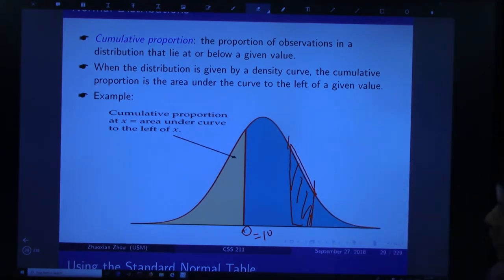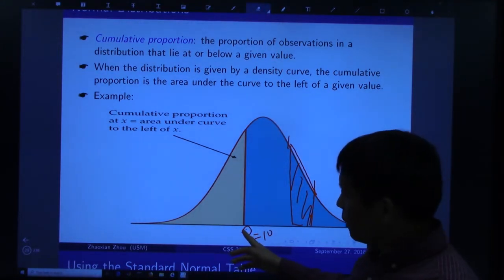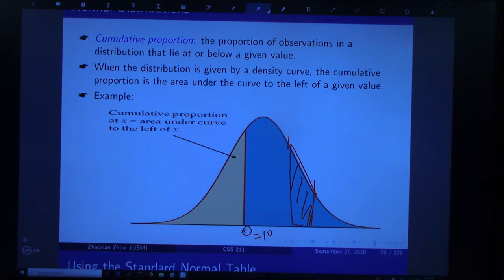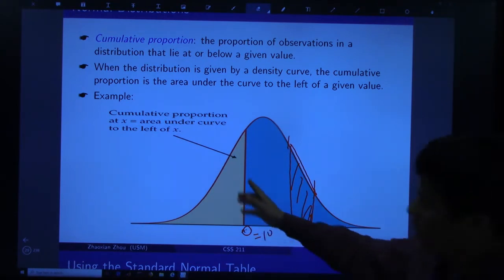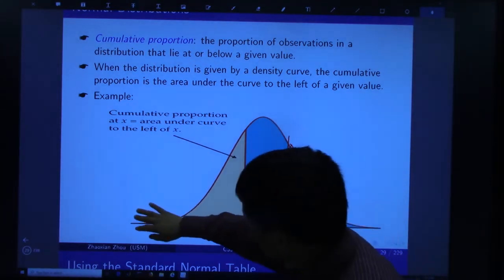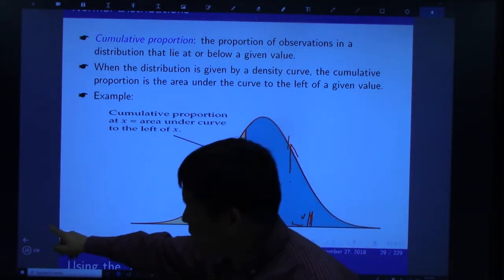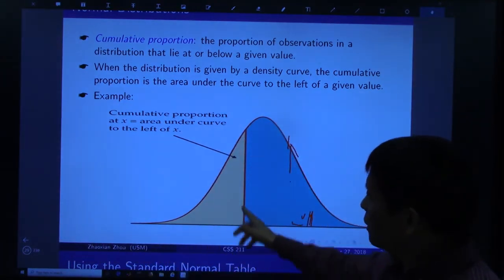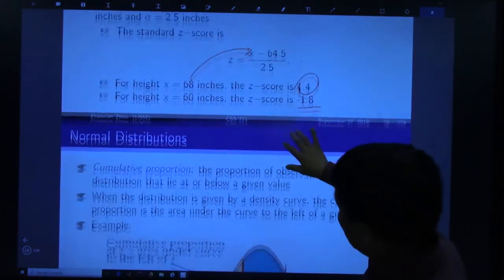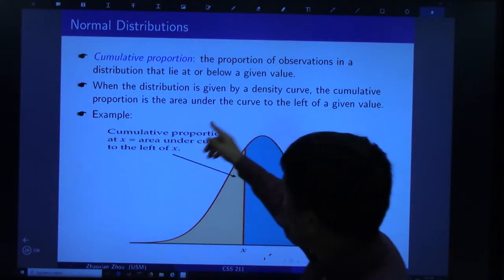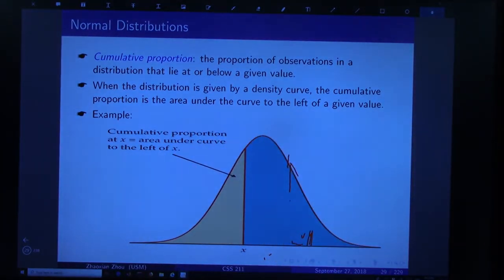That proportion is the area from here all the way to the left of the normal curve. This is the yellow area, from negative infinity all the way to x under this curve. This area gives us the cumulative proportion of x.